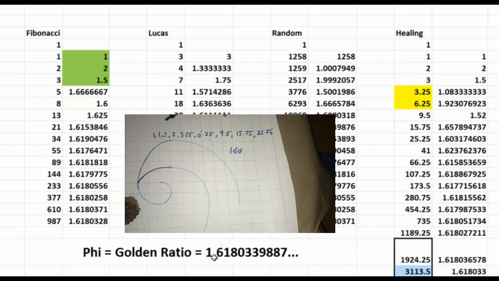The divine ratio is another name for it, because phi plus 1 equals phi squared, 1 divided by phi equals phi minus 1, and so many other aspects to it. That's just a very short list of the beauty of the golden ratio.